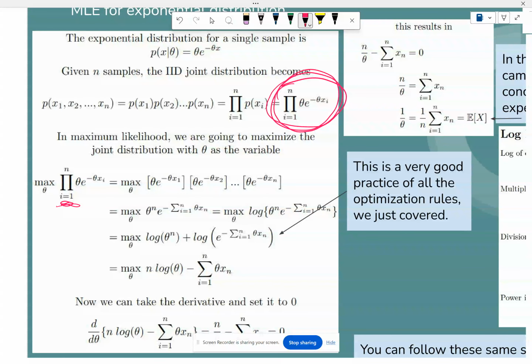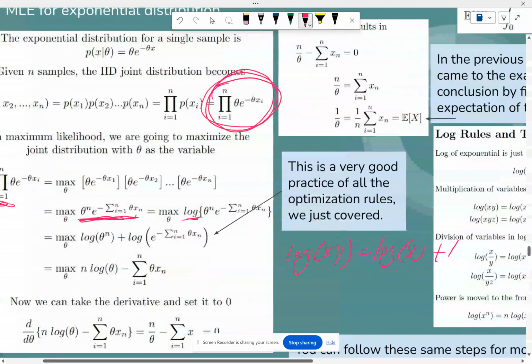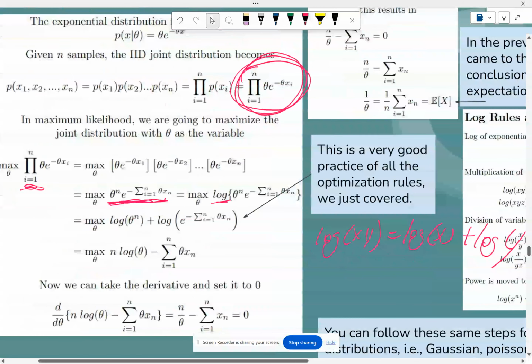After this, instead of taking the likelihood, we can take the log of it, because taking the log gives you the exact same solution. So now that I take the log, I can split the two terms out. Remember, log of xy is equal to log of x plus log of y.